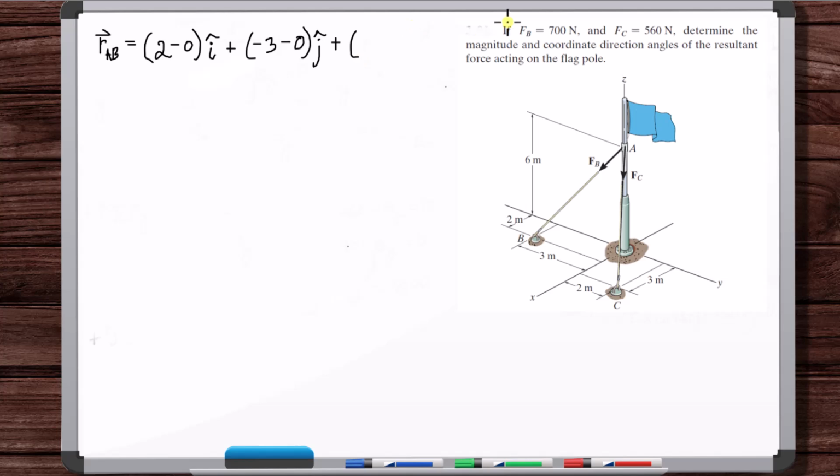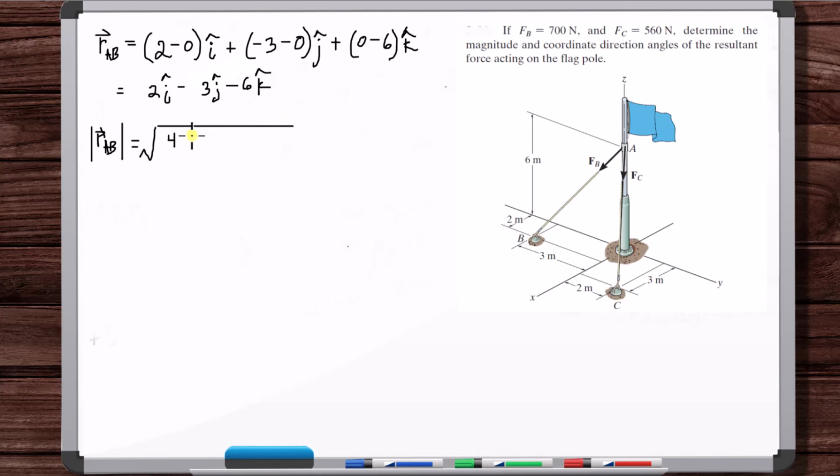Now ZB minus ZA: ZB is 0, ZA is positive 6. So we've got 2i hat minus 3j hat minus 6k hat. Going from A to B, we go minus 6. That's RAB.